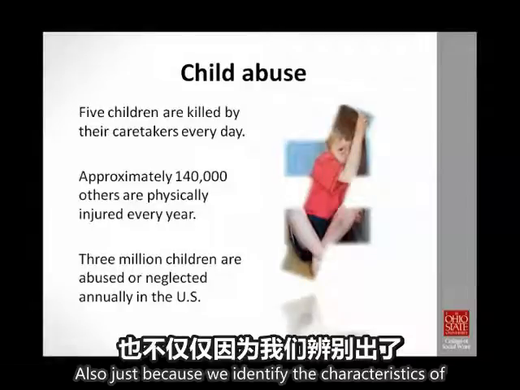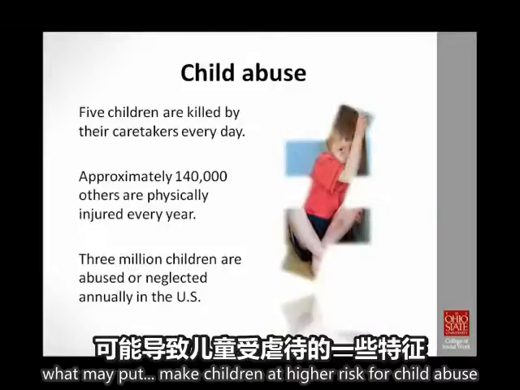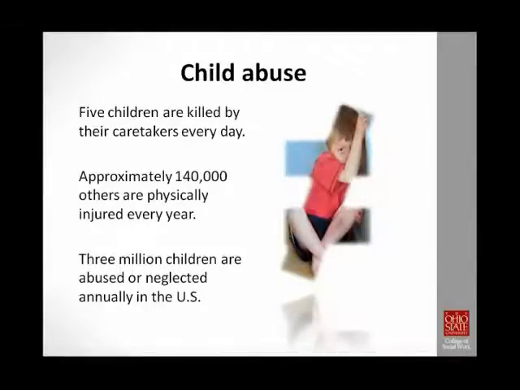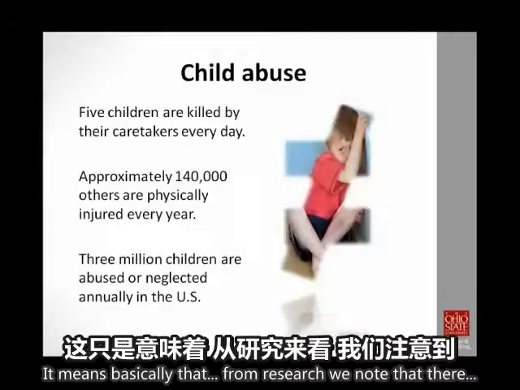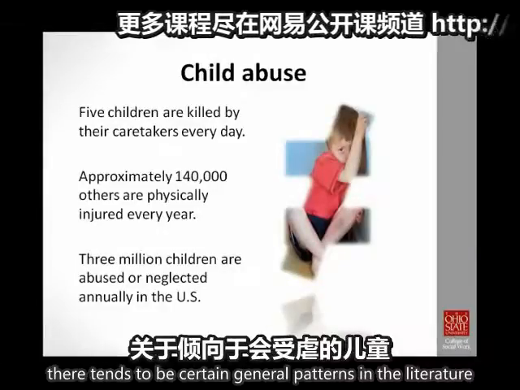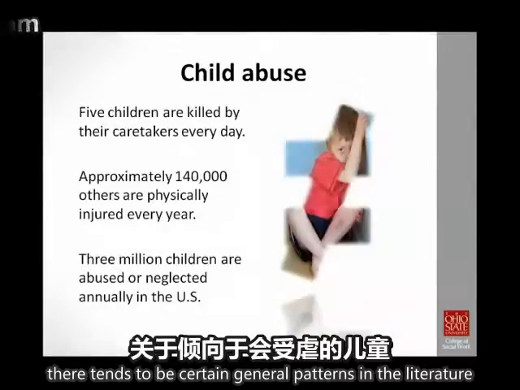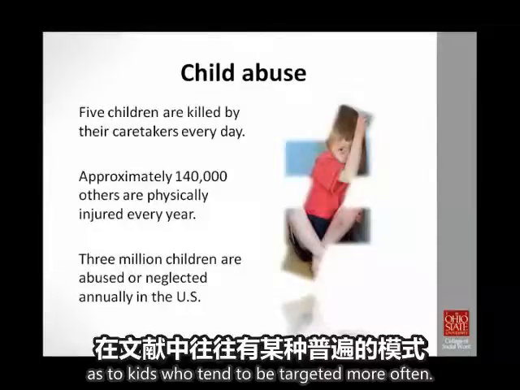Also, just because we identify the characteristics of what may make children at higher risk for child abuse doesn't mean that they are responsible for the abuse. It means basically that from research we know that there tends to be certain general patterns in the literature as to kids who tend to be targeted more often.